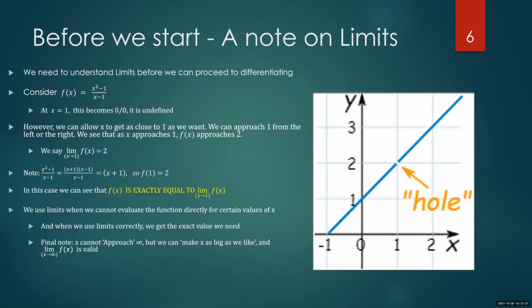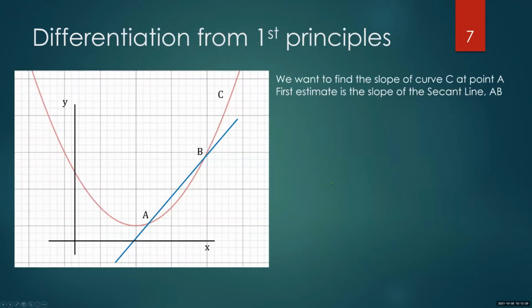To move on, we can now start to think about differentiating from first principles. Let's say we want to find the slope of a curve C at some point A. Our curve C is in red here, and A is down at the bottom.